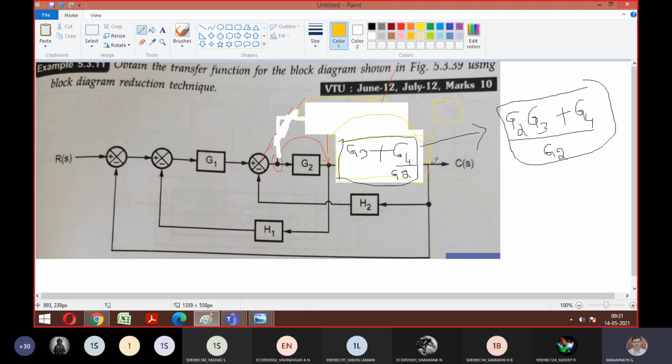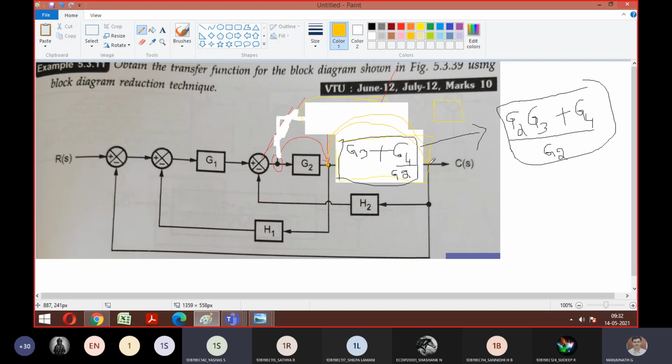1 by H1. I am moving this point, right? This is a takeaway point. So if you move this takeaway point here, then what is the answer I'm asking? 1 by G2 into G3 plus G4 by G2.